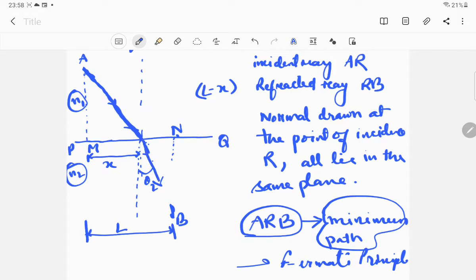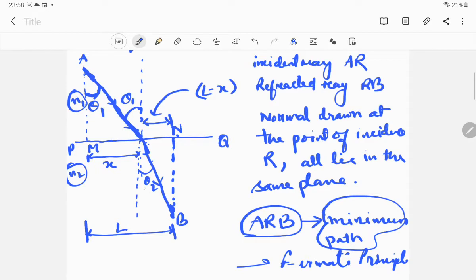The ray of light is going like this. We have dropped a normal like this, and here also, and this angle is theta 1, and this distance I am naming L minus x. And another we will describe some other angles. Suppose this is theta 1, this angle is also going to be theta 1. It's very much clear because these are alternate angles.